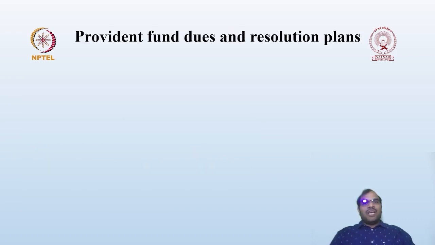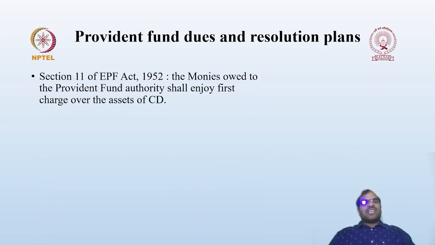Okay. Then provident fund dues. Suppose you have any provident fund dues, how are you going to deal with the provident fund dues in the resolution plan? Section 11 of the EPF Act clearly provides that the monies owed to the provident fund authority shall enjoy first charge over the assets of the CD.